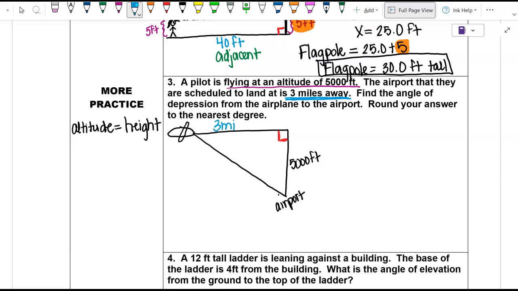We are 3 miles away. Find the angle of depression from the airplane to the airport. So we're going from our horizontal on down. We're needing this angle. This is our angle of depression. I'm going to put theta in there because that's what they're asking me to solve for.